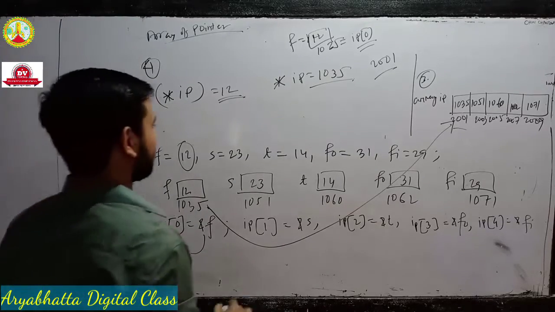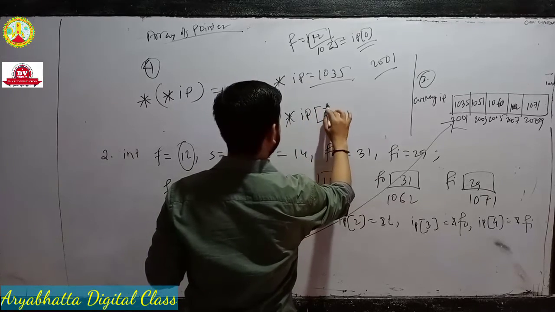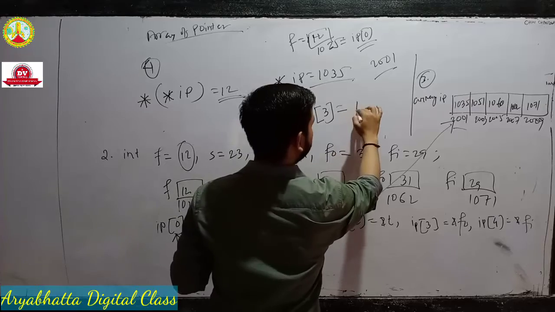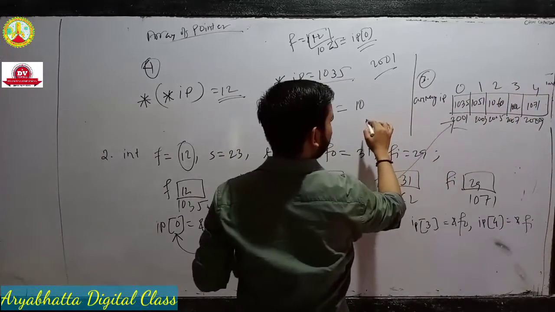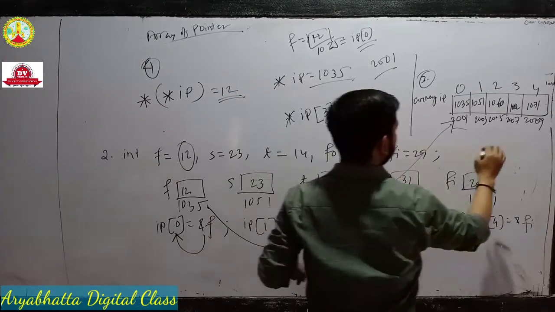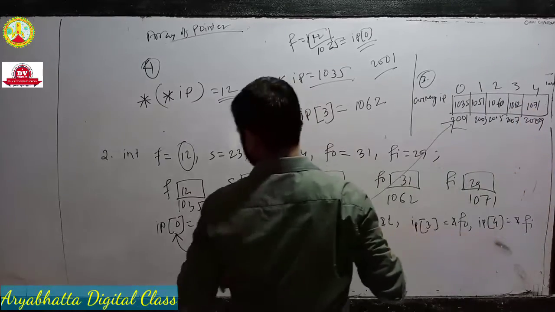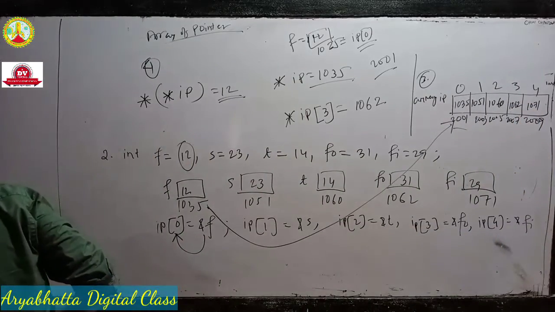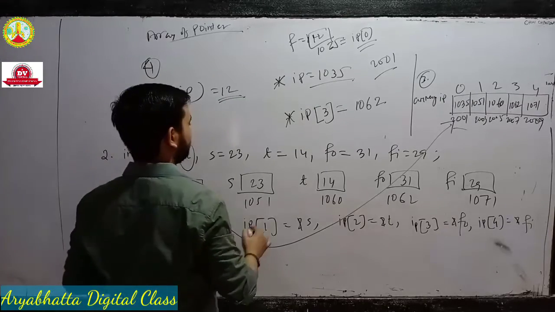If you access star IP, suppose 3, what does it mean? 0, 1, 2, 3, 4, 1062.